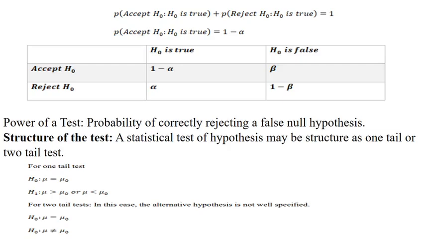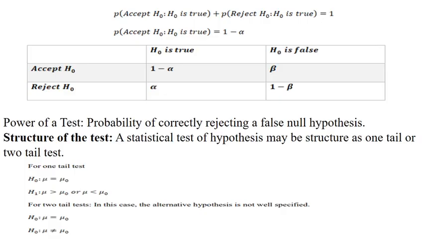Therefore our H1 will be either mu not equal to mu naught, or mu greater than mu naught, or mu less than mu naught.